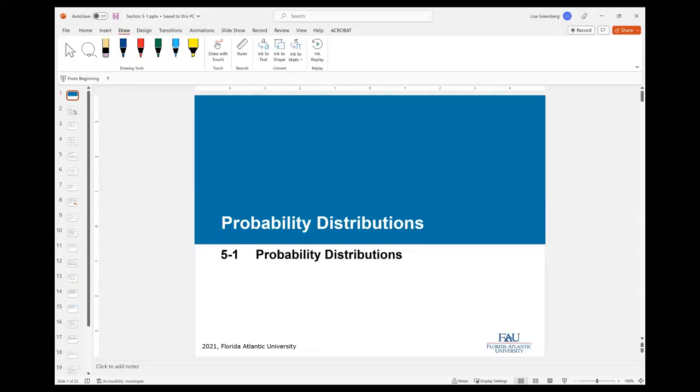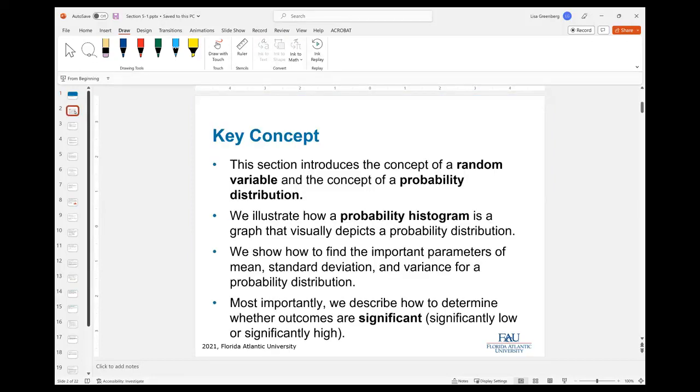So let's first talk about what our key concepts are. The first thing we're going to do in this section is introduce the concept of a random variable and the concept of probability distribution. Then we're going to illustrate how a probability histogram is a graph that visually depicts a probability distribution. So we did go over histograms.